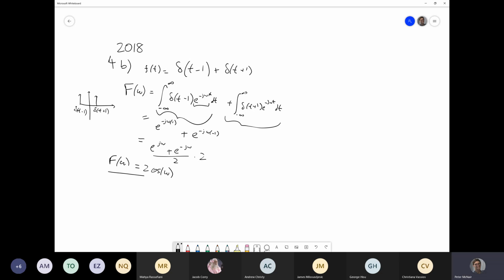Then part B, I'll just grab up what I'm looking at so that I don't spend too long on this.